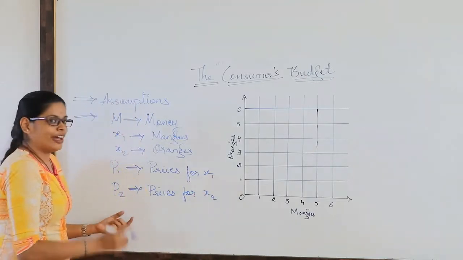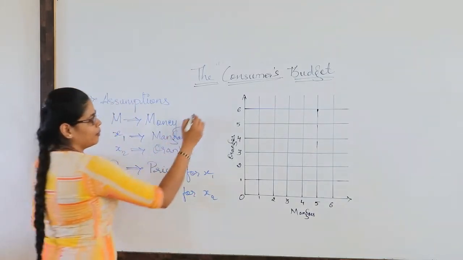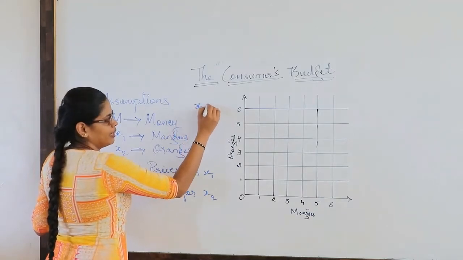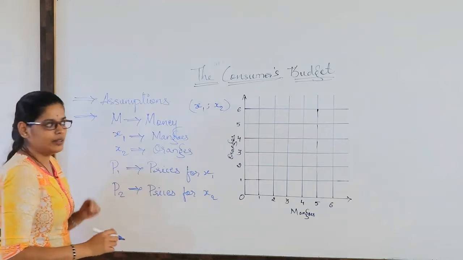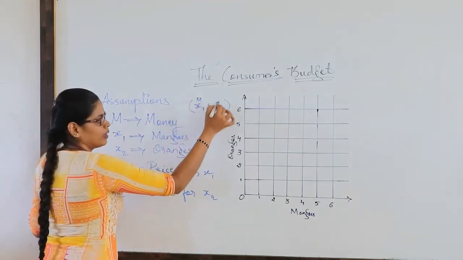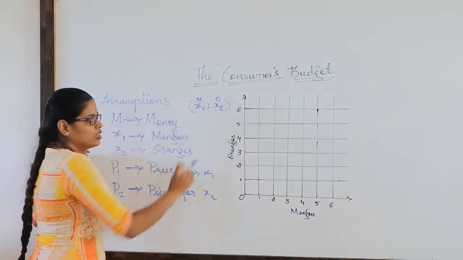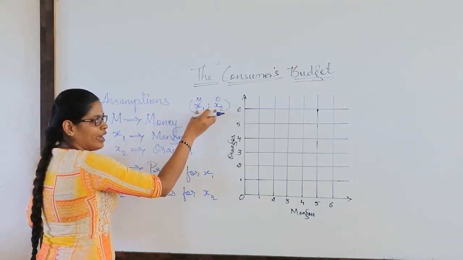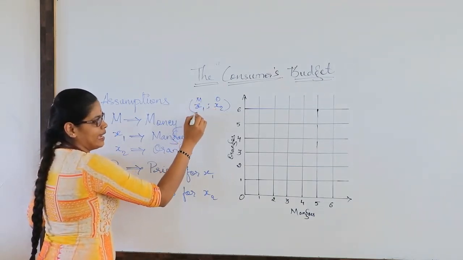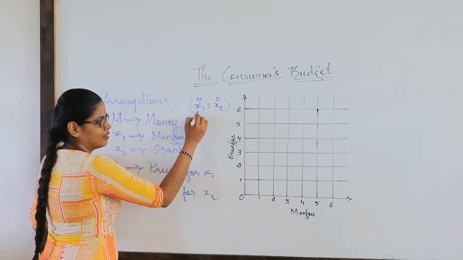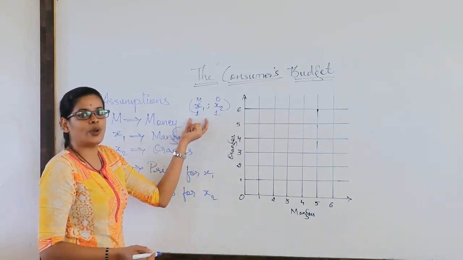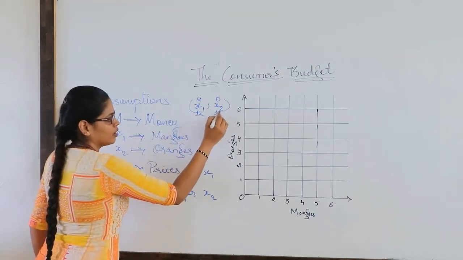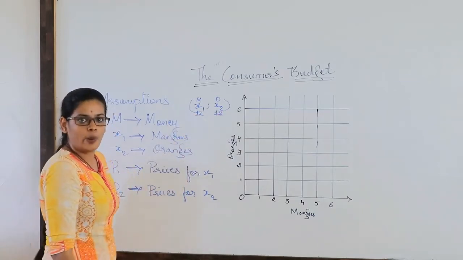When we are composing a bundle, it consists of X1 and X2, right? This is mango and this is orange. So we have this quantity. Maybe I can say I have 1 dozen as a quantity. So I call it 12 units. 12 units is the quantity.